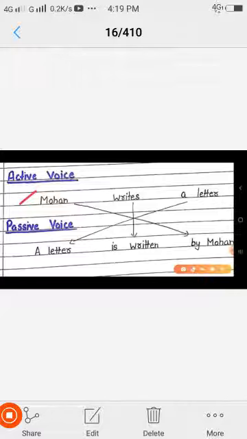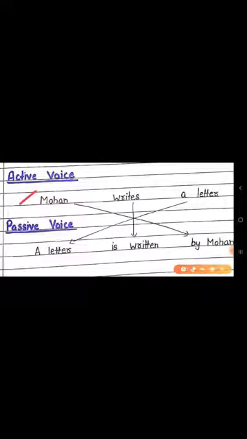So we use here written, and we put by before the new object, because Mohan is the subject in active voice, so it will be converted into the object. So we write here by Mohan. So the passive voice is: a letter is written by Mohan.